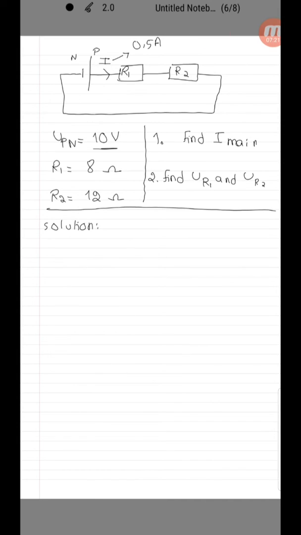Now for part 2, I need to find UR1 and UR2. To find UR1, I need to apply Ohm's law on R1. Using Ohm's law on R1, U of R1 is equal to R1 times I that passes through R1.